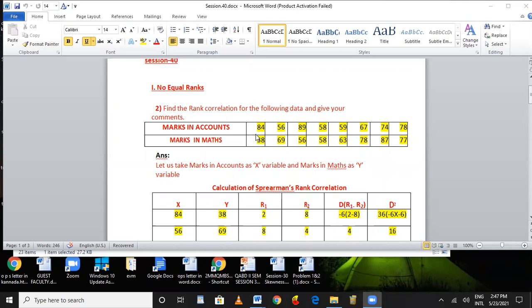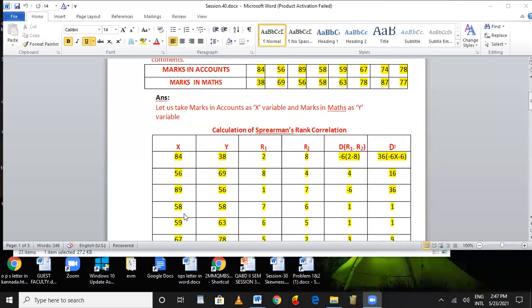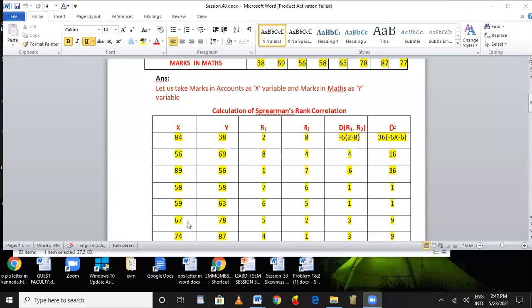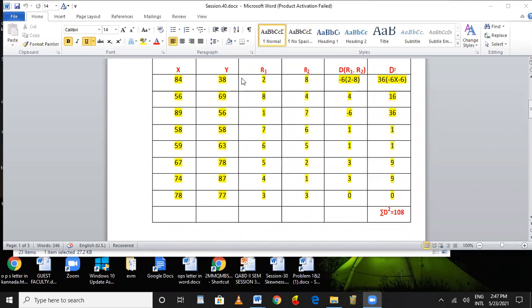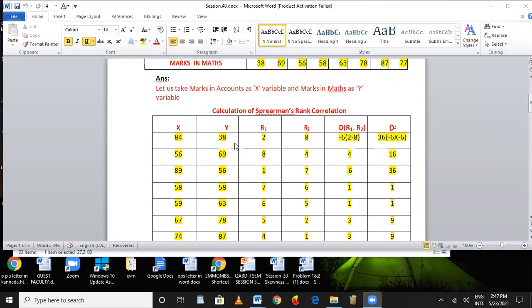X series: 84, 56, 89, 58, 59, 67, 74, 78. Y series: 38, 69, 56, 58, 63, 78, 87, 77.